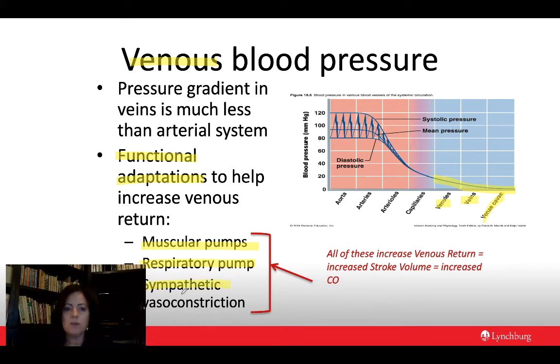And then the third thing is sympathetic vasoconstriction. The sympathetic nervous system innervates the tunica media in our blood vessels on the arterial side of things, so we are able to vasoconstrict in certain areas of the body. If we're limiting blood going to some areas, there's more blood to return to the heart.